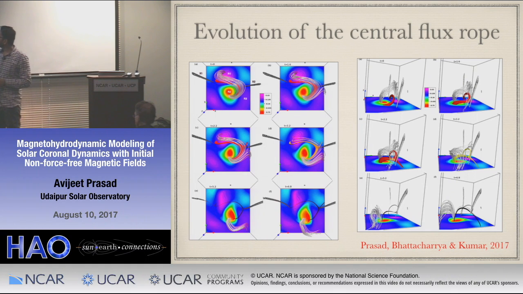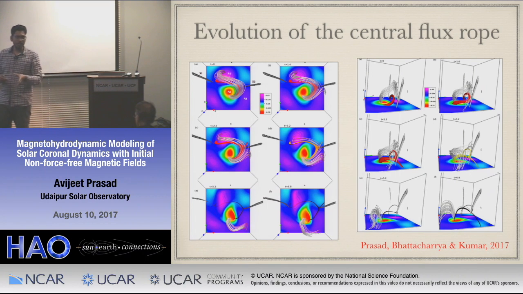So what we see is that as time progresses, the flow is generated, due to the initial Lorentz force, such that the overlying field lines move very close to this X-type null line, and as soon as they hit the X-type null line, they bifurcate and they reconnect. As these overlying field lines are reconnecting, they move and create a gap in this central region.